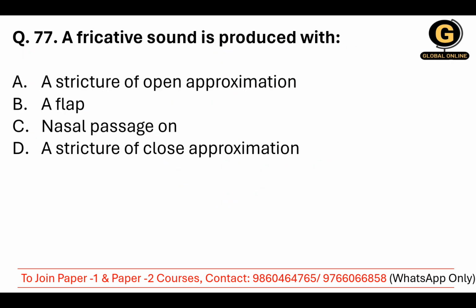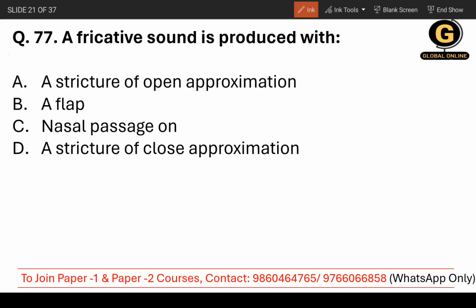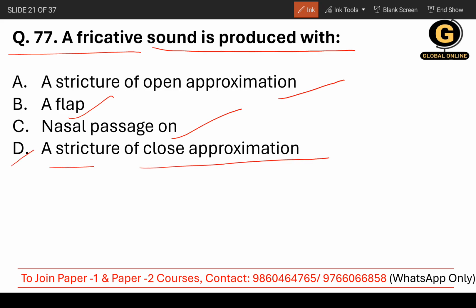Moving on to question number 77. A fricative sound is produced with. I have already discussed this, a fricative sound. What is a fricative sound and how is it related? So the options are a stricture of open approximation, a flap, or the third, nasal passage, or the fourth one, stricture of close approximation.